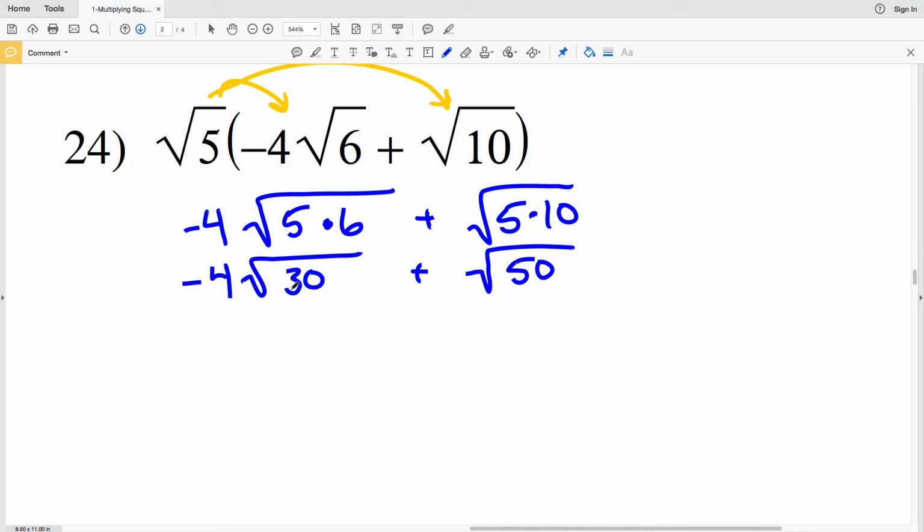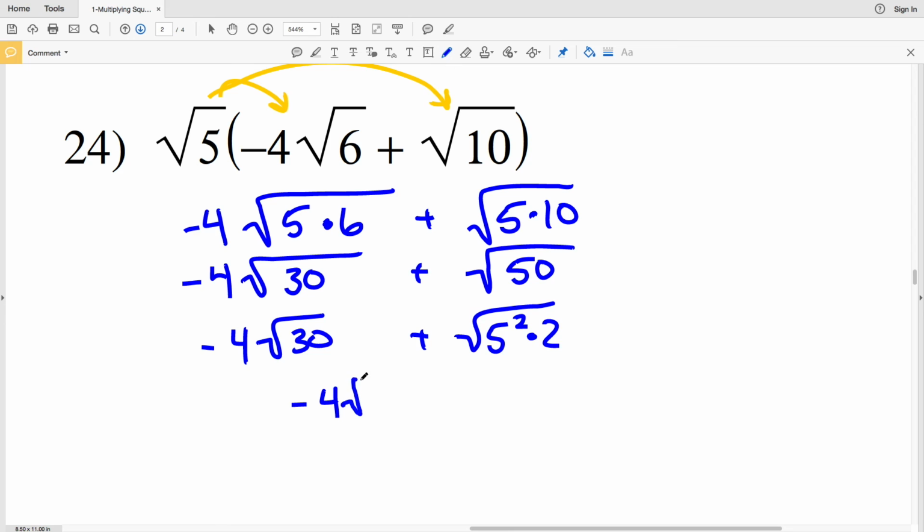Now, there is not a perfect square that goes into 30, so negative 4 times the square root of 30 is simplified, but we can simplify the square root of 50, and the square root of 50 we can rewrite as the square root of 5 squared times 2, since 25 times 2 equals 50, so our final answer will be negative 4 times the square root of 30 plus 5 times the square root of 2.